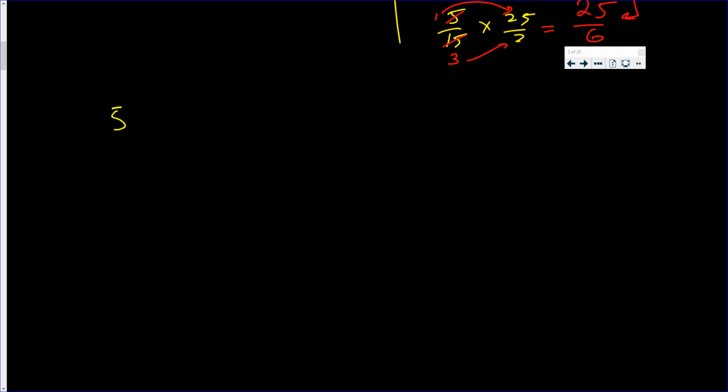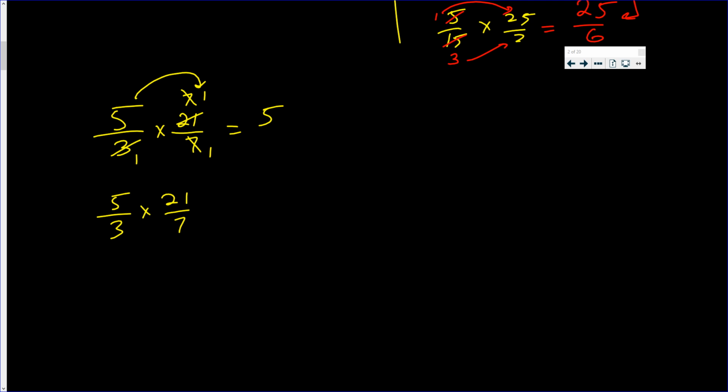So if you have 5 over 3 and you multiply by 21 over 7, let's even do that two different ways. You can divide those two numbers by 3 and you get 1 and 7, and then you can say, oh, 7 goes into those numbers 1 time each. And that's all you can reduce. So you have 5 times 1 over 1 times 1, which is 5.